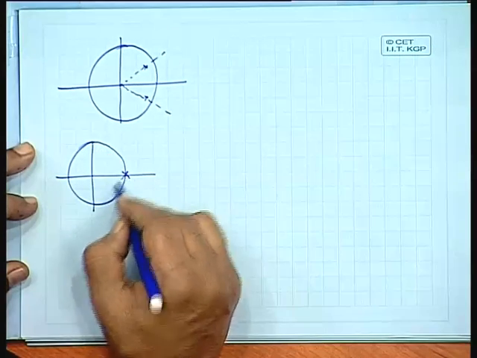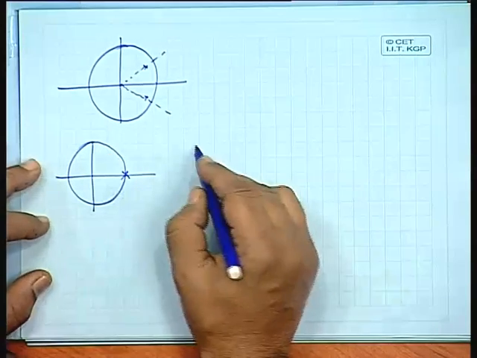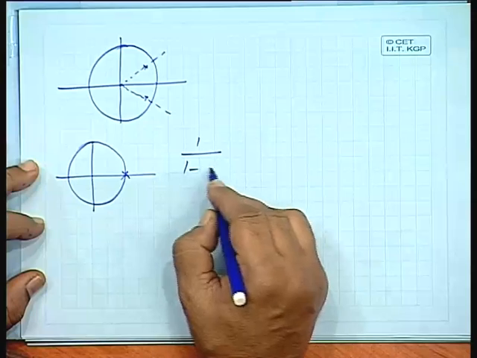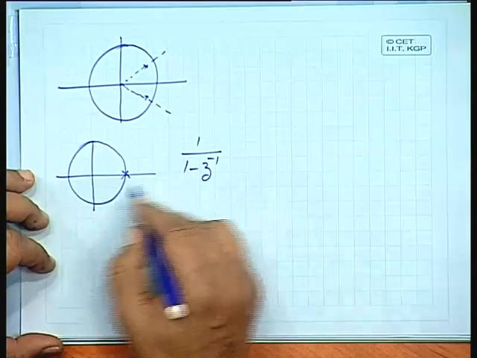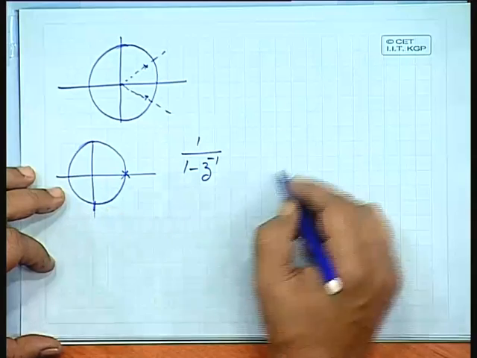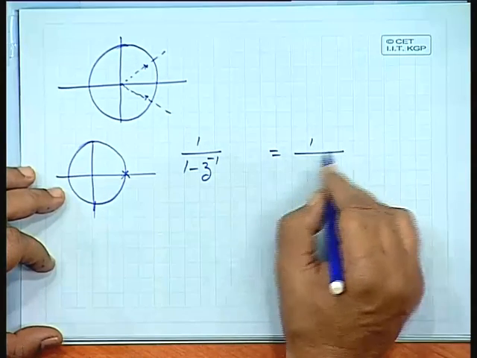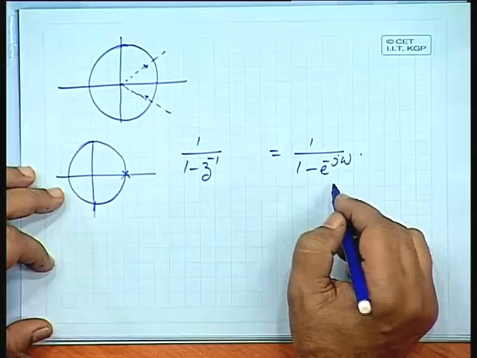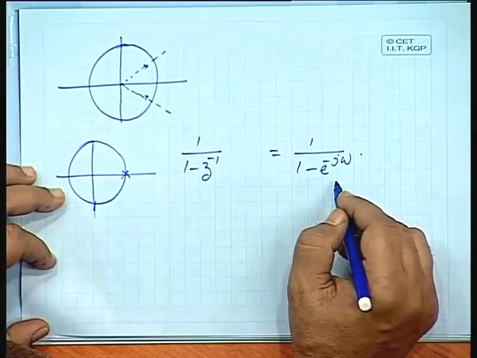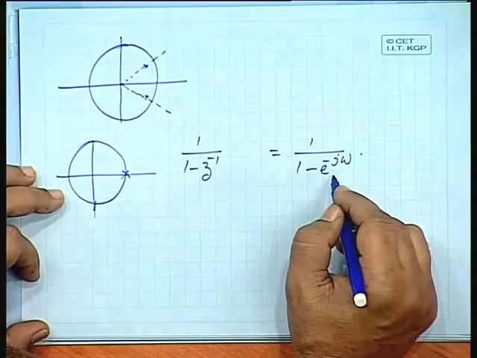If there is a pole here itself, at z equal to 1, then the function is 1 by 1 minus e to the power minus jω. When ω is equal to 0, how much is it?